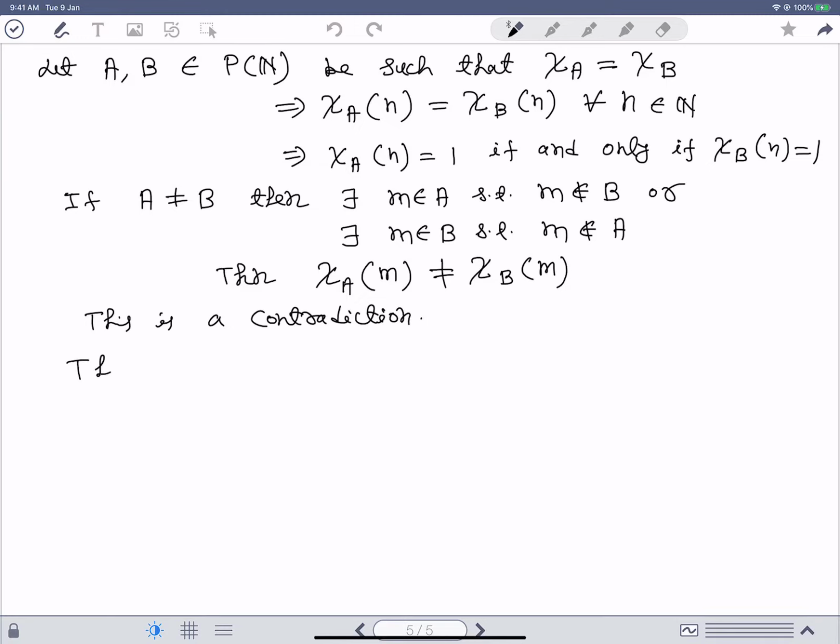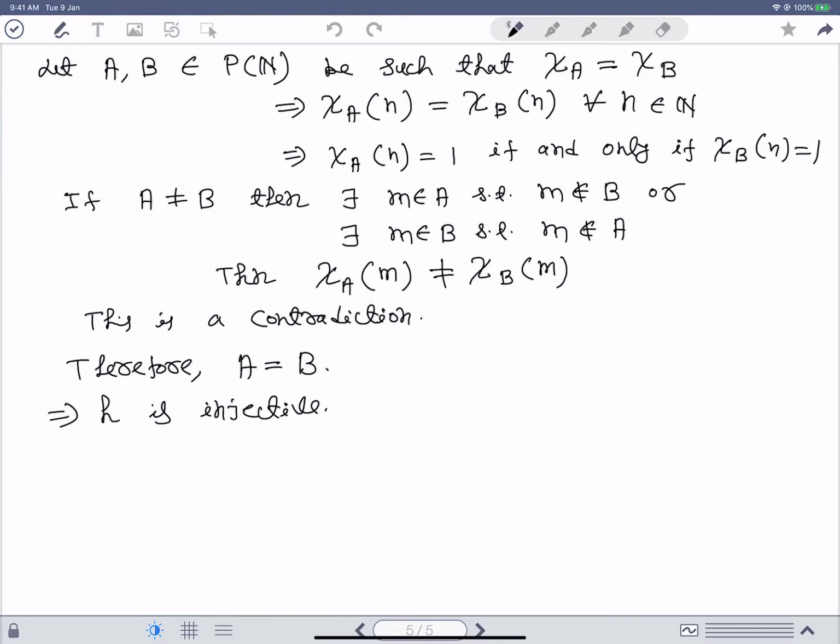So therefore A should be equal to B. That implies h is injective. Fine. Okay. Now we shall prove that h is surjective as well.